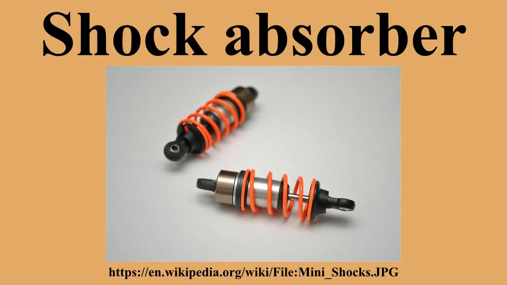Monotube. The principal design alternative to the twin-tube form has been the monotube shock absorber, which was considered a revolutionary advancement when it appeared in the 1950s. As its name implies, the monotube shock, which is also a gas-pressurized shock and also comes in a coilover format, consists of only one tube, the pressure tube, though it has two pistons.